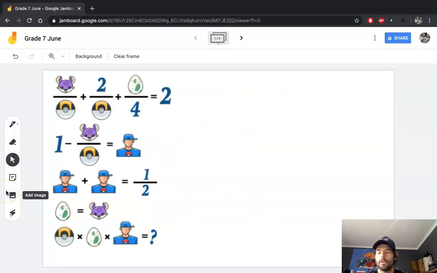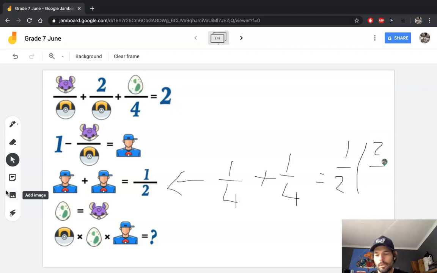So I'm going to start on the third line, and I'm going to use the fact that a quarter plus a quarter is equal to a half. So remember, the denominators are the same, so therefore we can add the numerators. And a quarter plus a quarter is 2 quarters, okay? But 2 quarters is the same as 1/2.